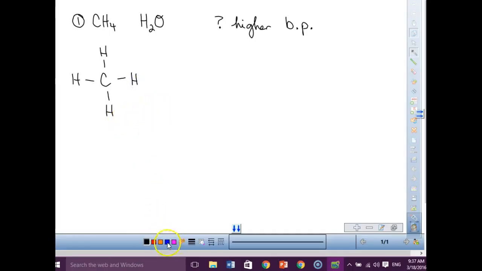So what is the shape of that structure? Tetrahedral. Good. And that particular structure is one of the 6 that gives you a symmetrical structure. Since all of our substituents are identical and we have a symmetrical structure, this means that it is nonpolar.